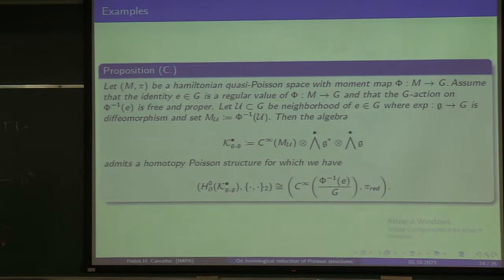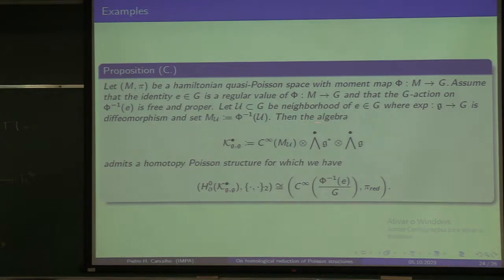In this case, I don't have time to explain exactly what it is, but I am in the context of Alekseev, Kosmann-Schwarzbach, and Meinrenken. So they have this reduction theorem for these group valued moment maps, right? So this Marsden-Weinstein theorem for a group valued moment map, and applying the same ideas, I can consider a homological version of this theorem as well.